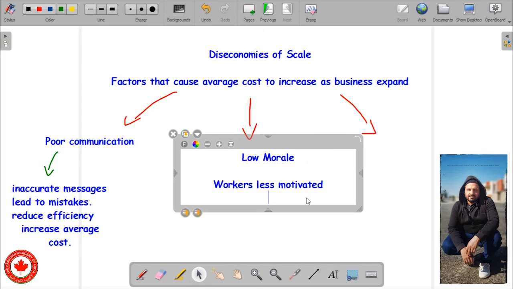Why will workers be less motivated, guys? Because there is less communication from a higher rank.